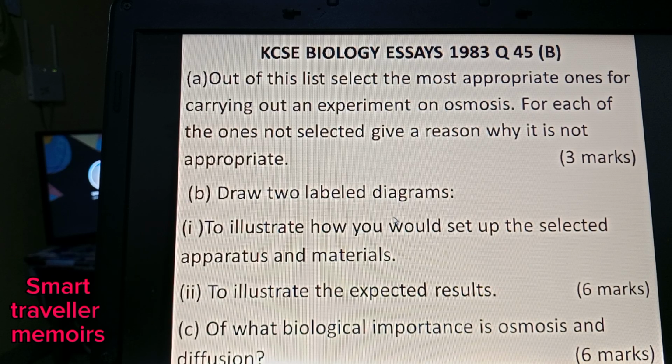You are being given 3 marks. Draw 2 labeled diagrams: Roman 1, to illustrate how you would set up the selected apparatus and materials; Roman 2, to illustrate the expected results; and C, of what biological significance or importance are osmosis and diffusion.